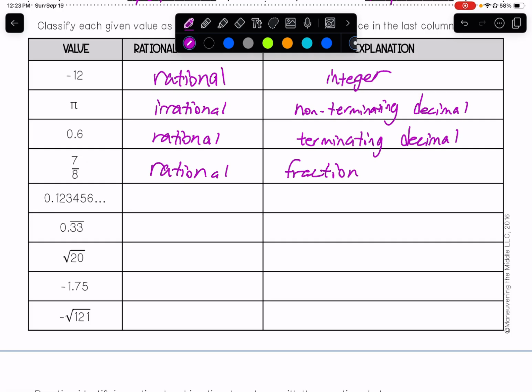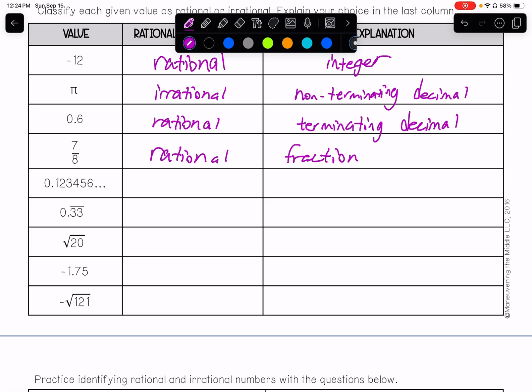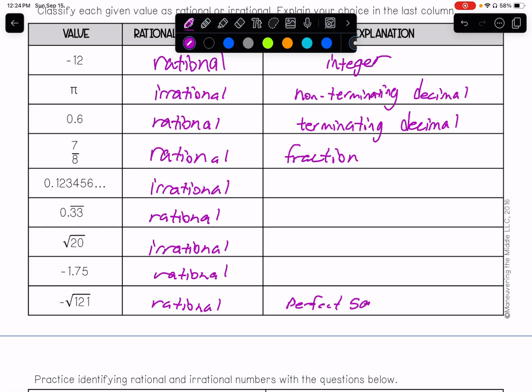Square root of 20 is irrational because it is a non-perfect square inside the square root. And then 0.33 is rational. It is a repeating decimal. And then the last one, it is non-terminating and non-repeating.